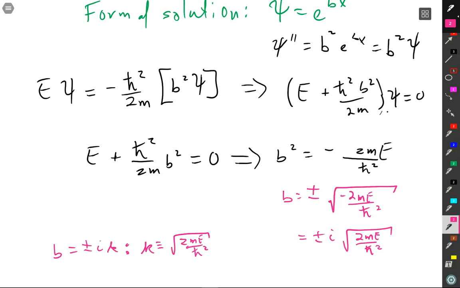So we actually have two solutions to finish this page. We have psi plus equal to e to the ikx, and psi minus equals e to the minus ikx. With those two solutions, our overall solution must be the linear combination of the two, adding these two together with some constant in front of each one.